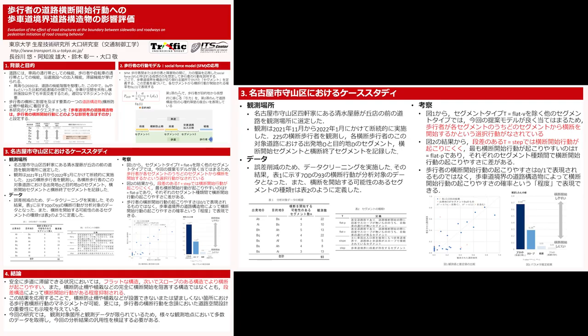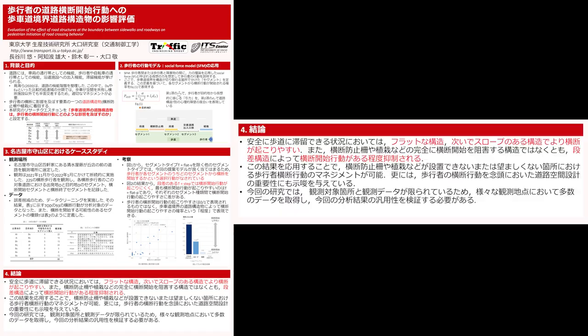The likelihood of crossing initiation behavior is not represented by 0 or 1, but rather as a probability according to the road structure type. As a result, it was found that pedestrian crossing initiation behavior occurs easily in flat and slope structures.